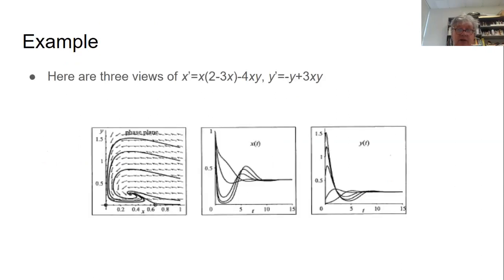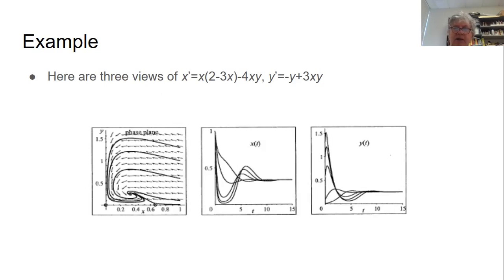So, very nice. Here's an example. We have an autonomous system, and we see it's nonlinear. The solution is going to be some space curve in three-dimensional space t, x, y.